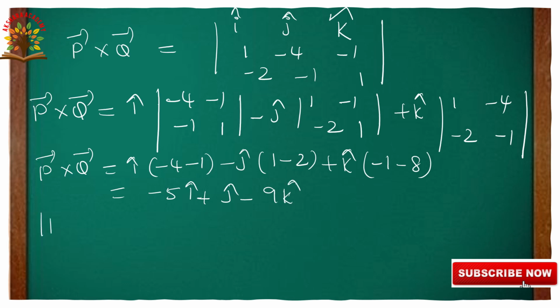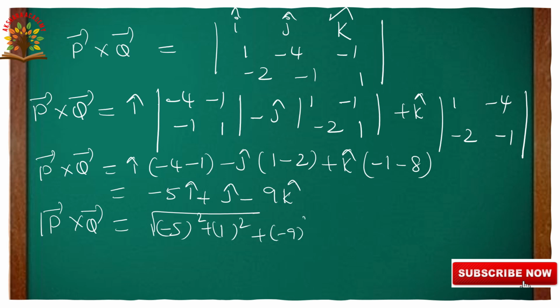Now we are finding the modulus of P bar cross Q bar is equals to root of minus 5 whole square plus 1 whole square plus minus 9 whole square, that is equals to root of 5 square 25 plus 1 plus 9 square 81. So that is equals to root of 107.